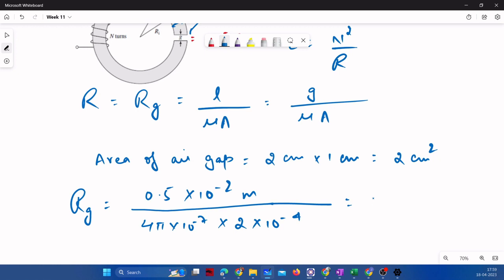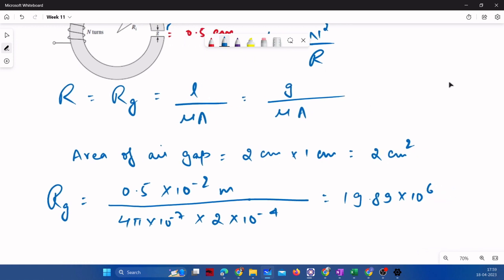So 19.89 into 10 to the power 6. Yes, correct. And its unit will be ampere turns per Weber.